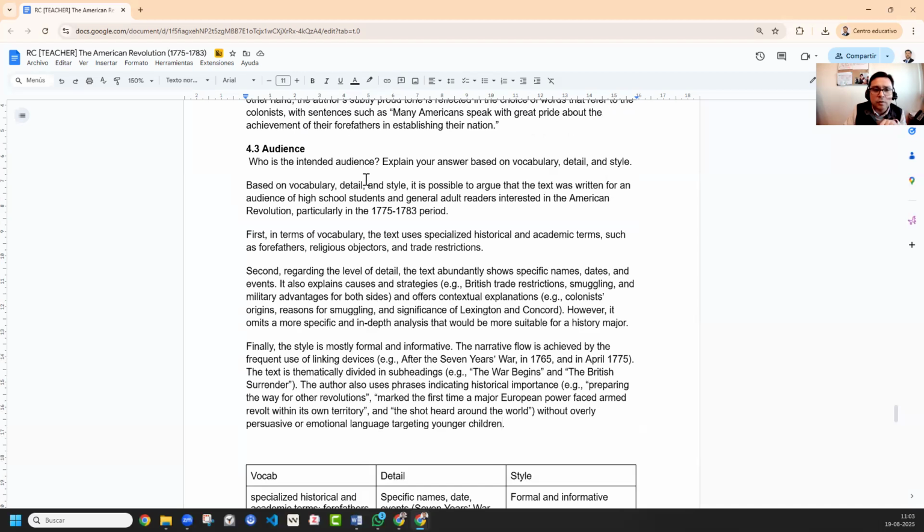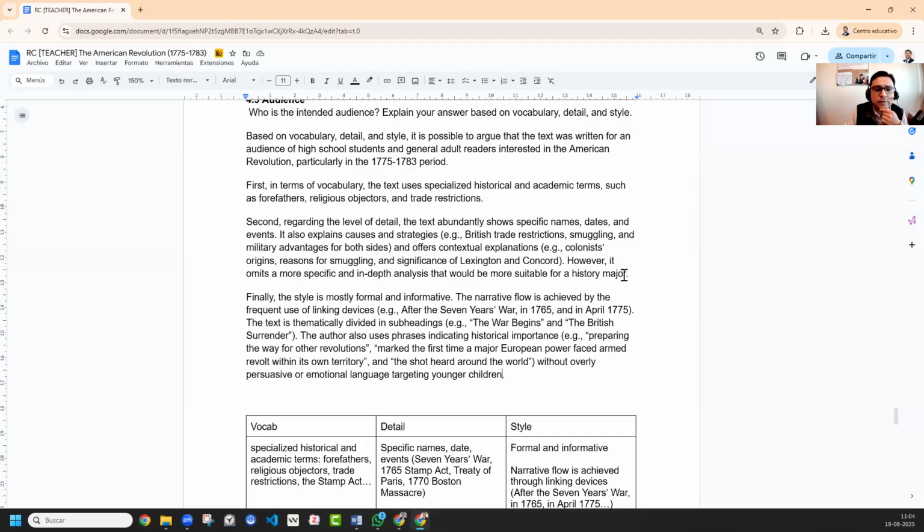Who is the intended audience? Explain your answer based on vocabulary, detail, and style. Based on vocabulary, detail, and style, it is possible to argue that the text was written for an audience of high school students and general adult readers interested in the American Revolution, particularly in the 1775-1783 period. First, in terms of vocabulary, the text uses specialized historical and academic terms such as forefathers, religious objectors, and trade restrictions.